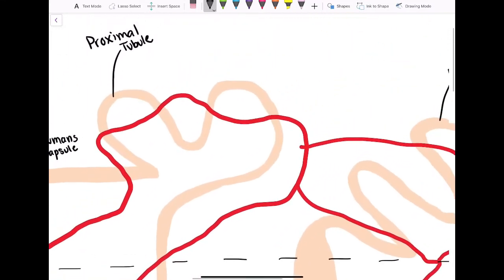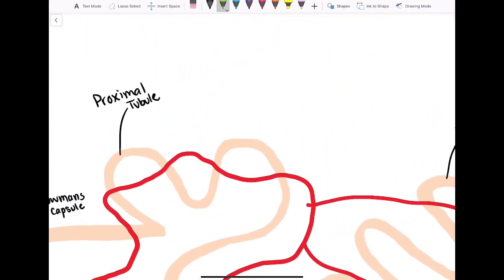The proximal tubule is where most secretion and absorption occur. In the proximal tubule, sodium, chloride, glucose, potassium, bicarbonate ions, and amino acids get reabsorbed into the bloodstream through active transport.